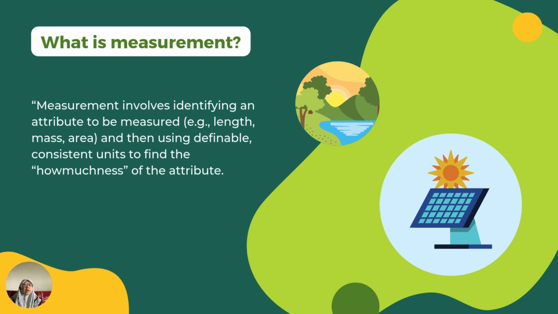It involves identifying an attribute to be measured, for example, length, mass, area, and so on, and then using definable, consistent units to find the how muchness of the attribute. So, how much or how many steps, how long is it? So, the how muchness here.